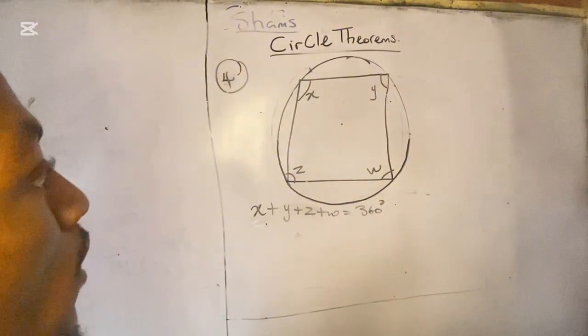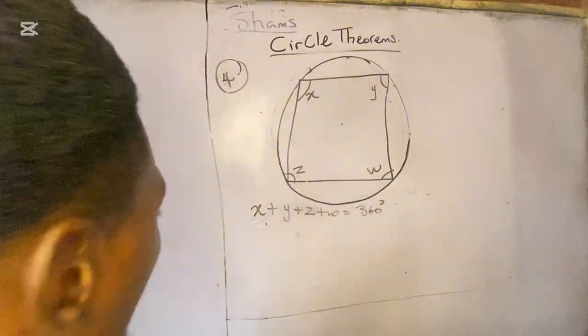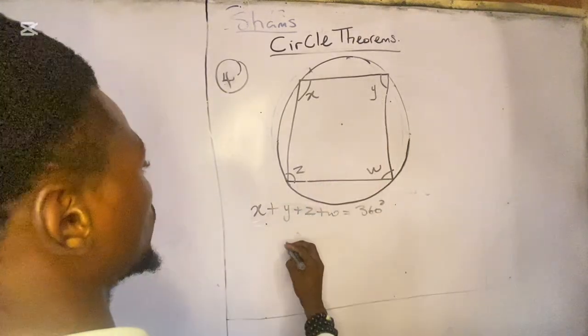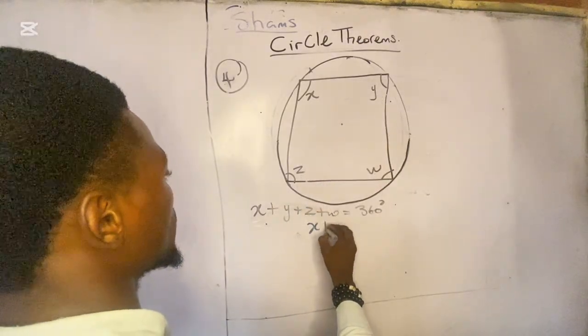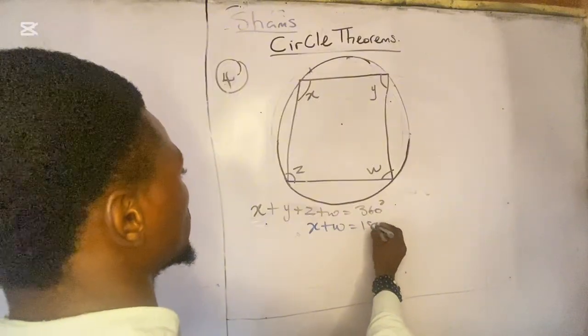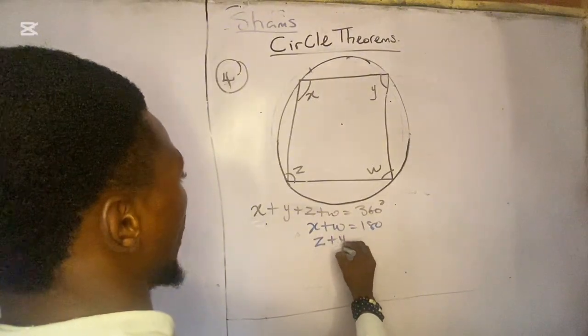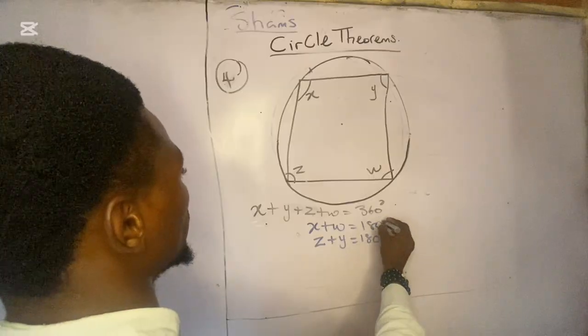That is the cyclic quadrilateral angle property. Another one that we know about cyclic quadrilateral is that opposite angles in a cyclic quadrilateral sum up to 180 degrees, which means x plus w equals 180 degrees and z plus y equals 180 degrees.